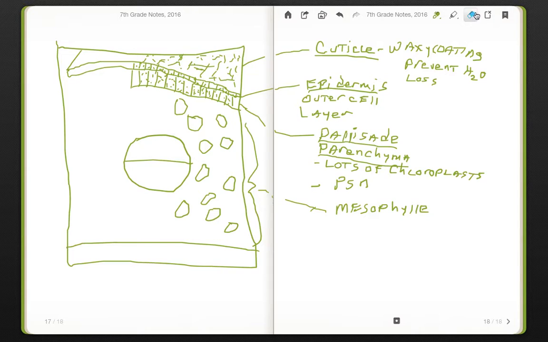Whoops, no E there. The mesophyll is the area where these cells are here, and these cells right here that are all spread out are called spongy parenchyma cells.